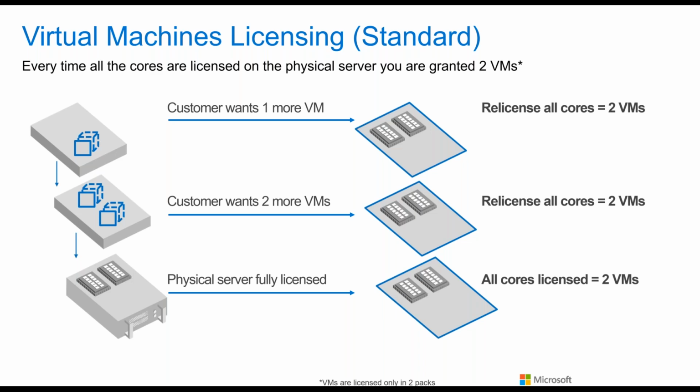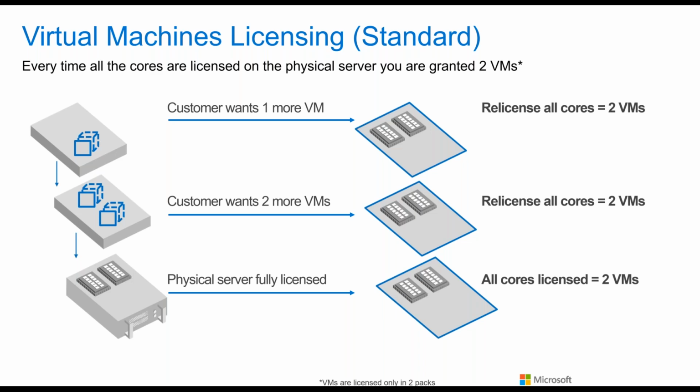If a customer has, as we see in this example, 12 cores in each CPU, meaning we have 24 cores, then we would have to license that with, of course, a 16-core license and additional core licenses.